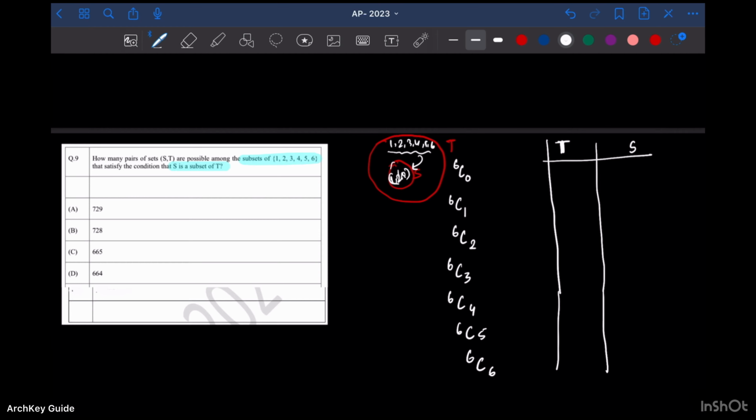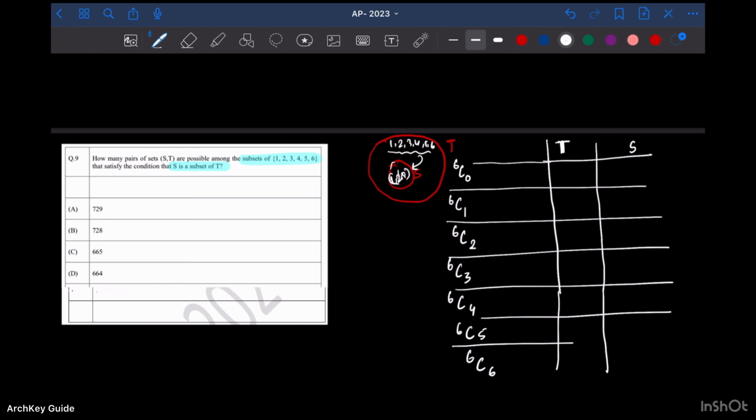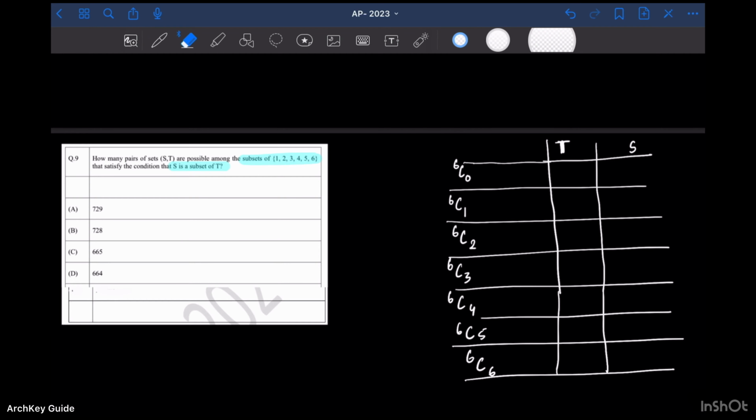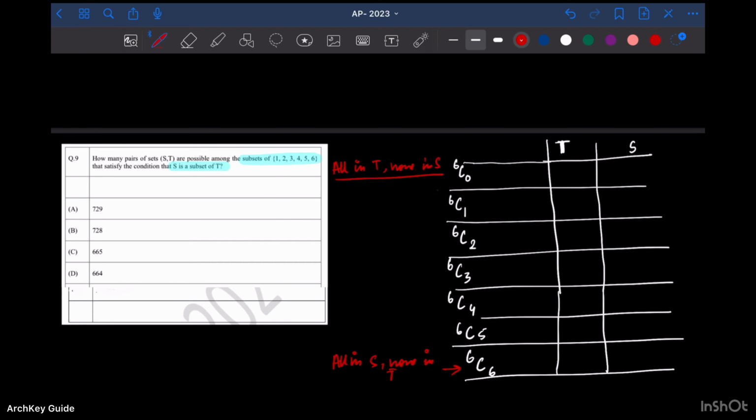All the possibilities I have written down. This is all in T, none in S. And this one is all in S, none in T. And these cases are some in T, some in S.